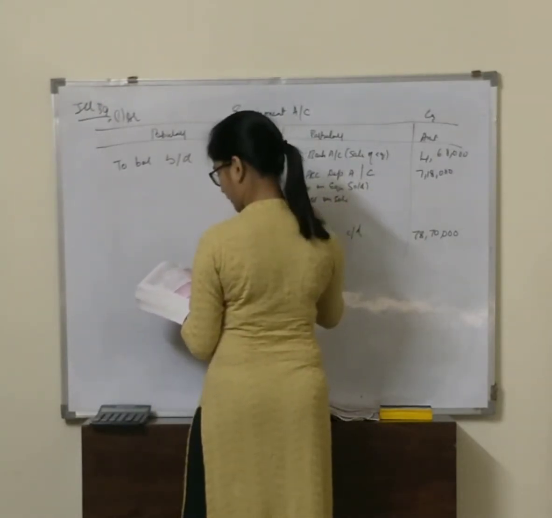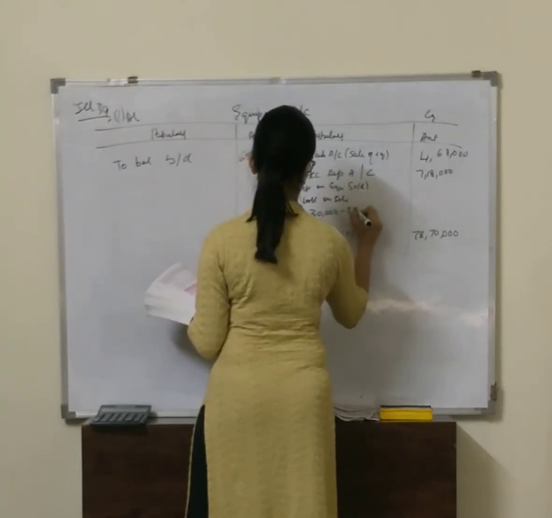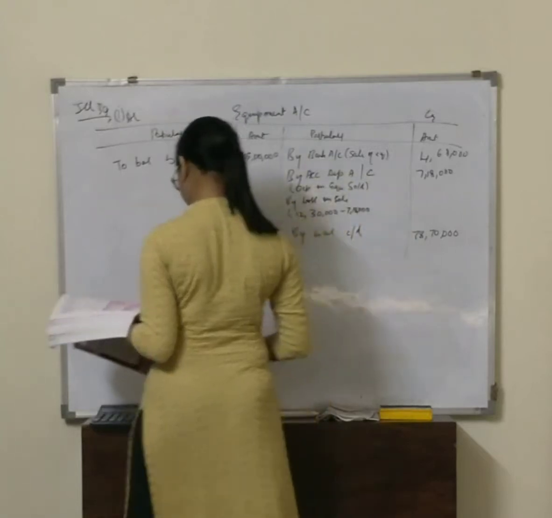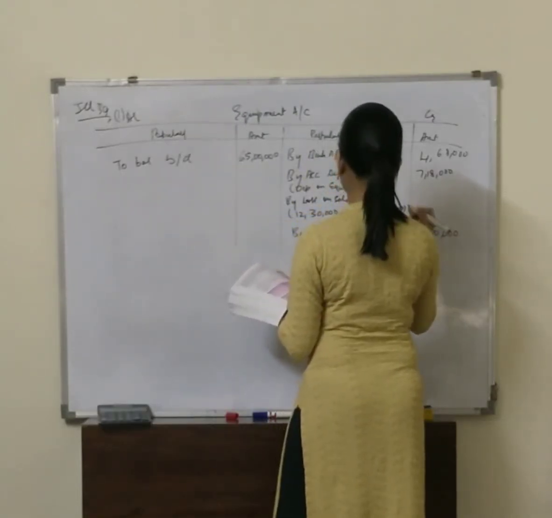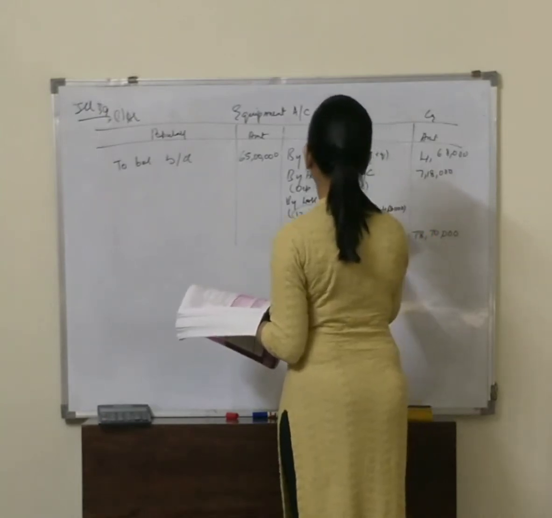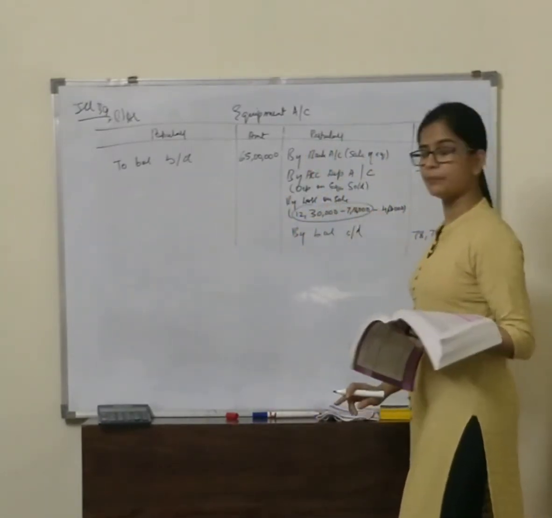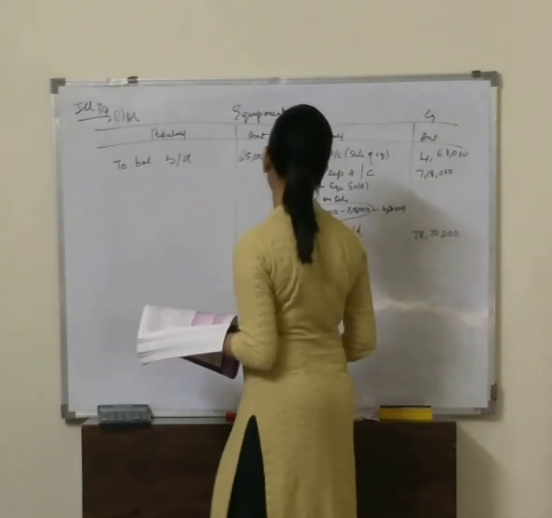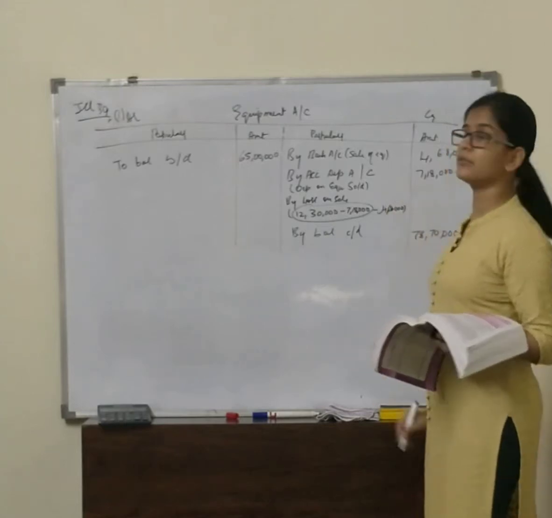It is 12,30,000 minus 7,18,000 minus 4,68,000. When from the actual amount we reduce the depreciation, we get 5,12,000. Of 5,12,000 we sold for 4,68,000.